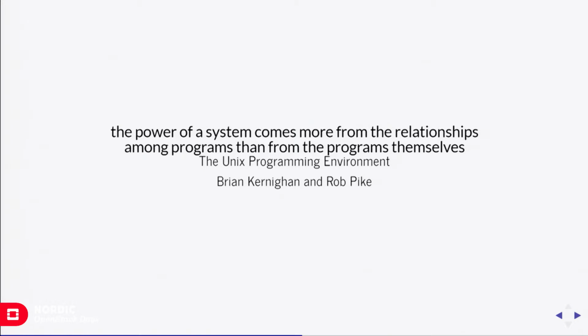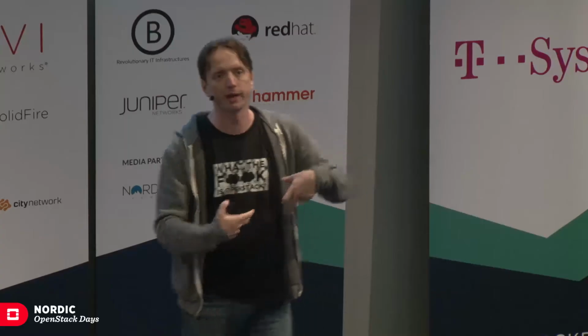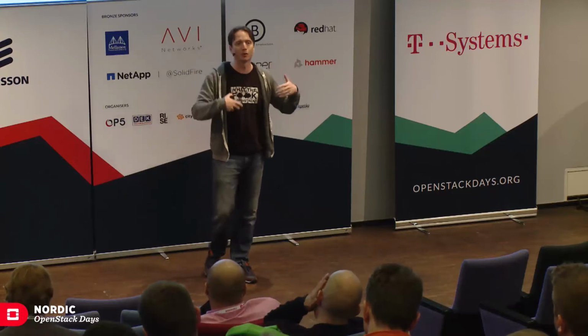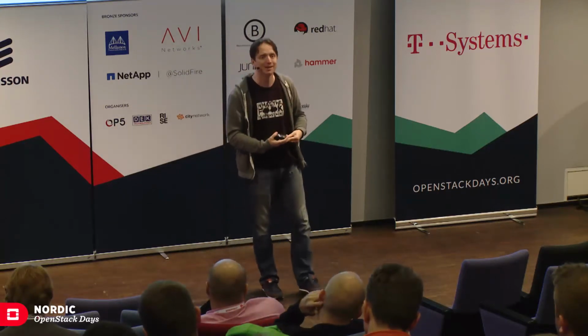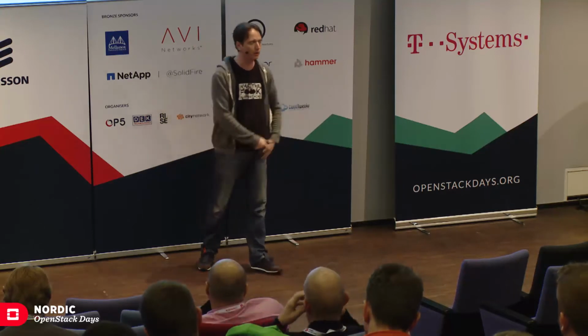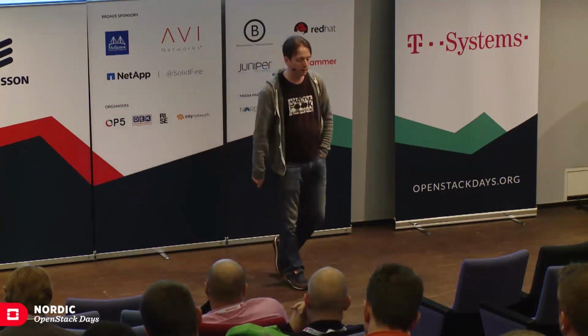It's the same reason that Unix worked well for people in the first place: the power of the system is in the relationship of the pieces fitting together, right? It's not that you wrote this one awesome program, it's that you wrote lots of simple programs and then you combined them in interesting ways. And you can really building-block things out. And I think we're seeing that take hold.